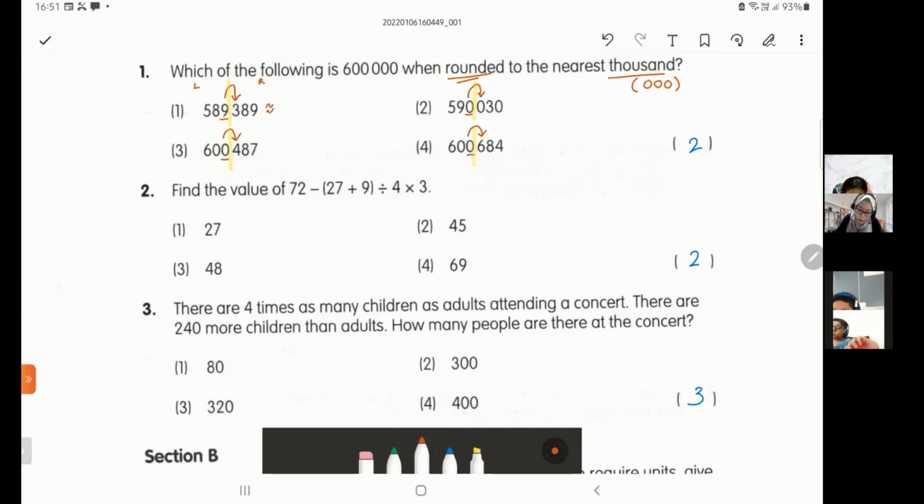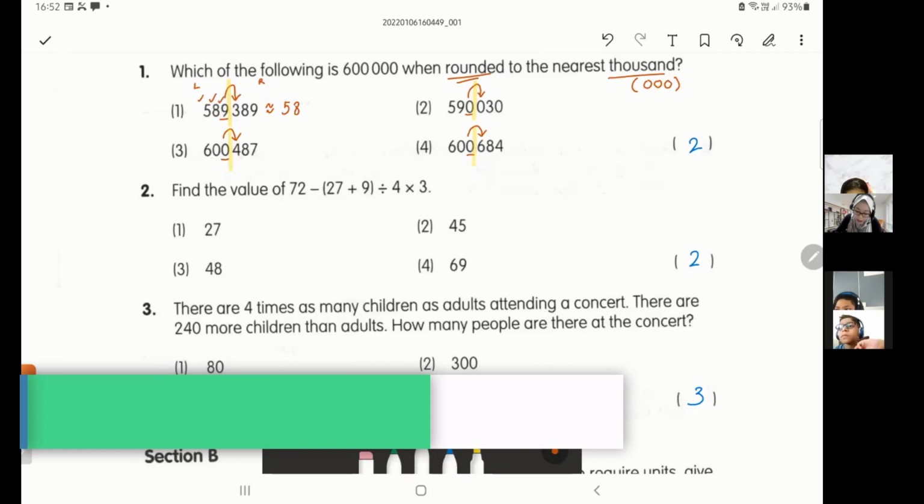Option number 1, 9 is in the thousands place. I point to 3. 3 is not 5 or more than 5. So nothing will happen to number 9. Number 9 will be as it is. So 5 as it is, 8 as it is, 9 as it is. 5, 8, 9.